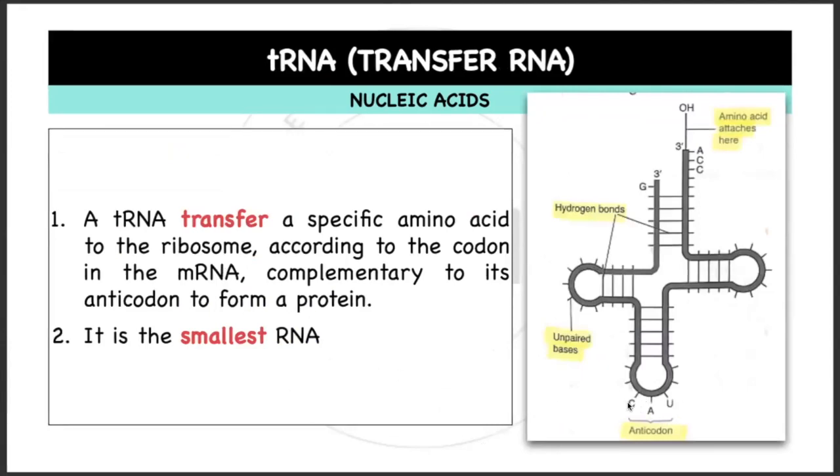So C, the next one, when it forms the new one, it will form G. A will form T, U will form A. Okay, so remember in RNA it's U, but in DNA it's T, right? So in mRNA, U is actually T, it's thymine. So when it forms something complementary to it, its partner, it would be A, okay? And when A, it forms its partner, it would be thymine.